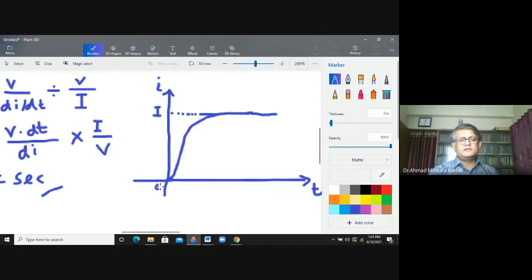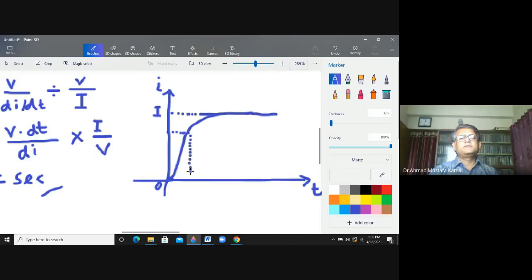This is the 0 value, and this is the maximum value. In between you may have 50% here and about 60% here approximately, because it is not possible to show an exact figure without any instrument. Therefore, this point will give you 63% of the final current.